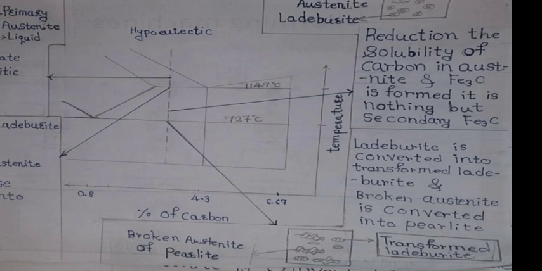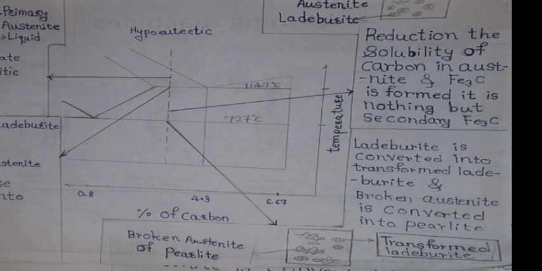Next, at this temperature, 727 degrees Celsius, at this point the ledeburite is converted into transformed ledeburite and the broken austenite is converted into pearlite.